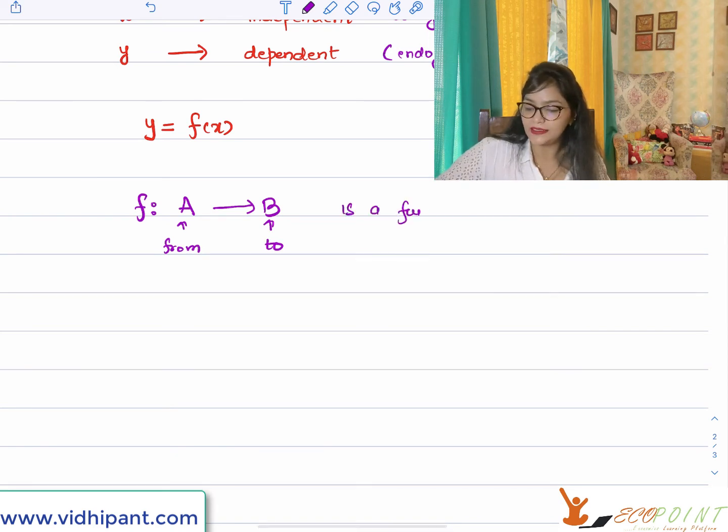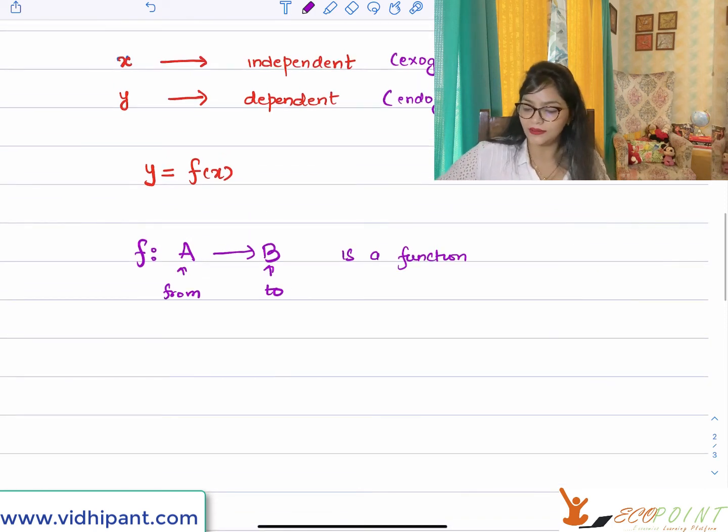Mathematically speaking, it means that for each x belonging to A, because A is your input set. When you write f from A to B, that means A is your input set and B is the set where you will find your output, okay?